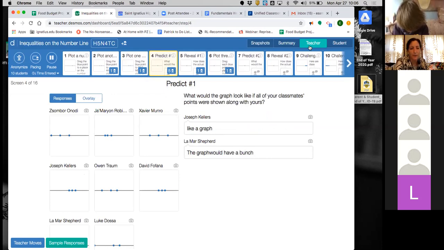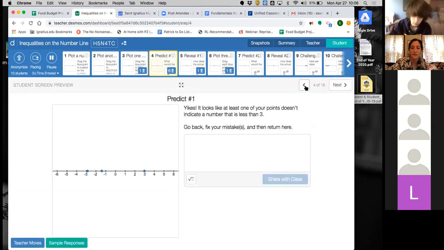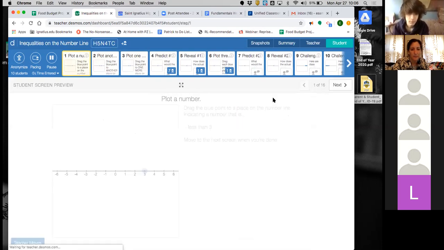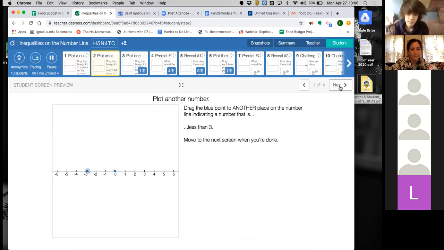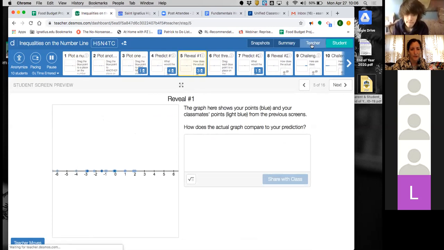That's what I want you to think about. If you're not on that prediction slide, slide number 4, on slide 3, make sure you've moved all your dots. There we go. Now we're looking good.